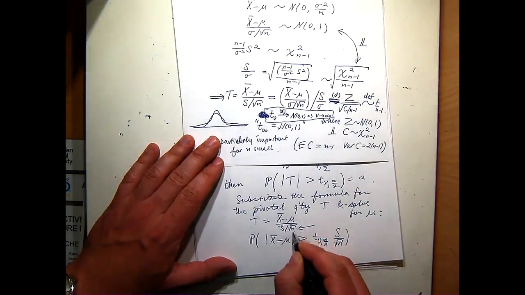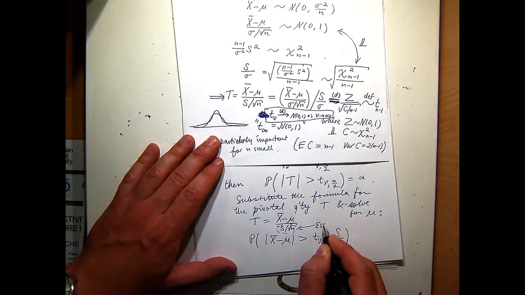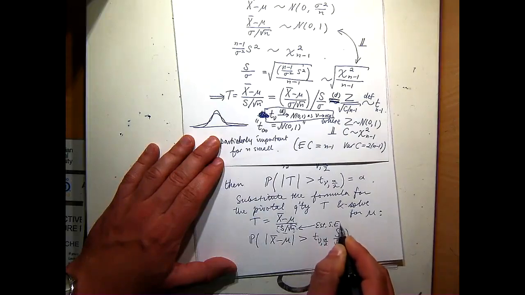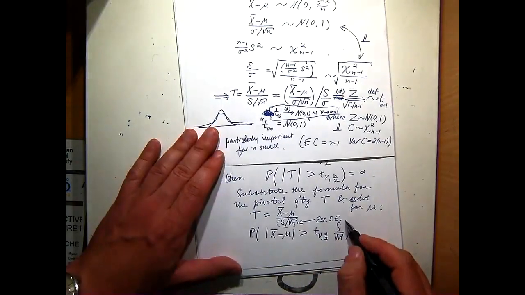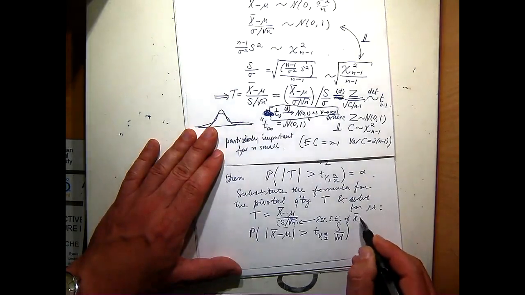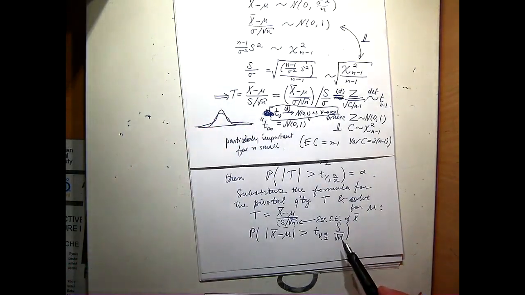So, in case you're wondering what I was talking about there, I would call that the estimated standard error. Standard error is different from standard deviation. Standard error is standard deviation of something, but not of the original observations.